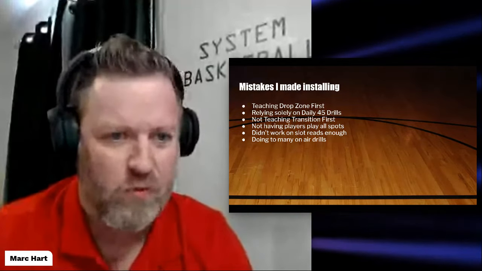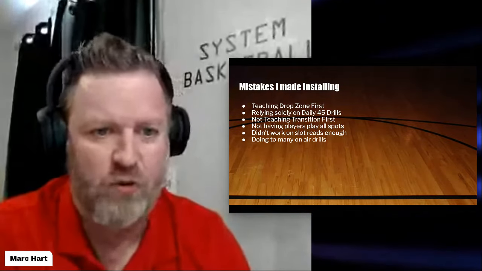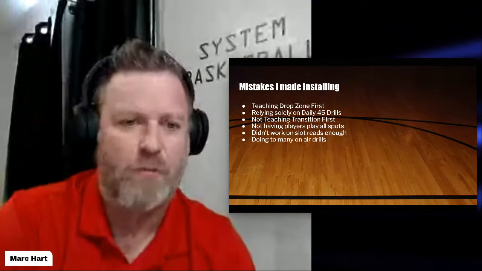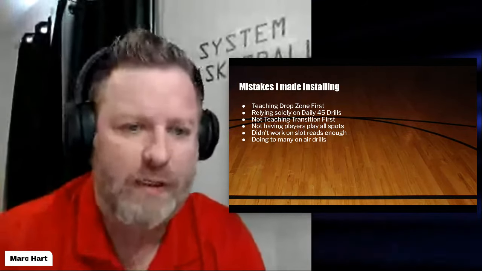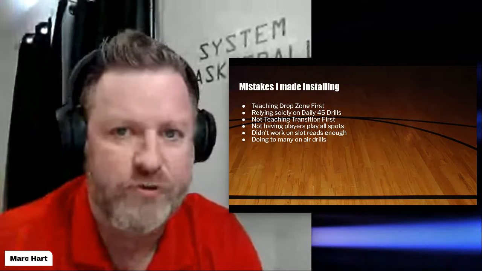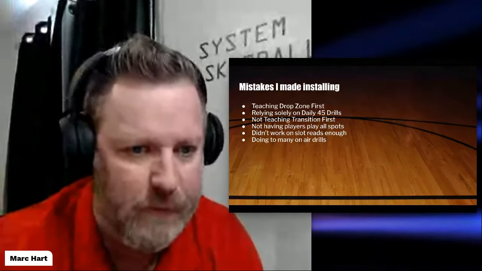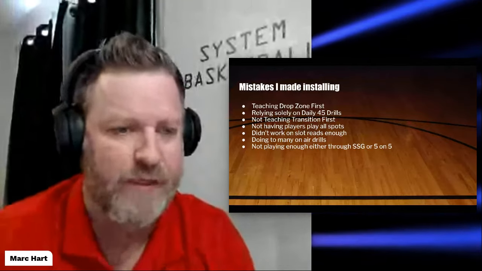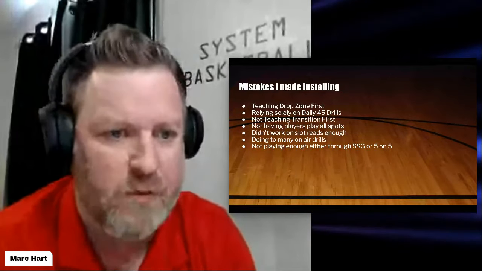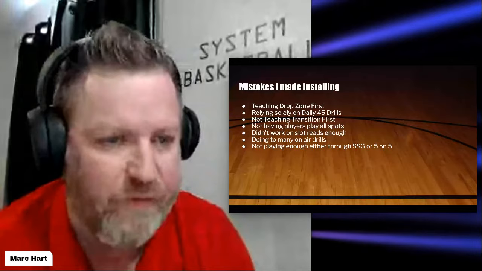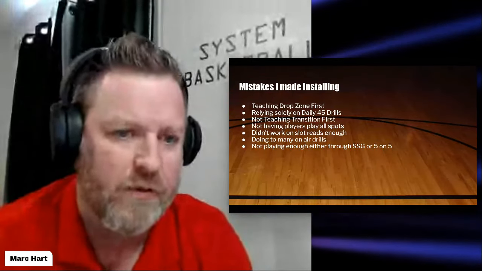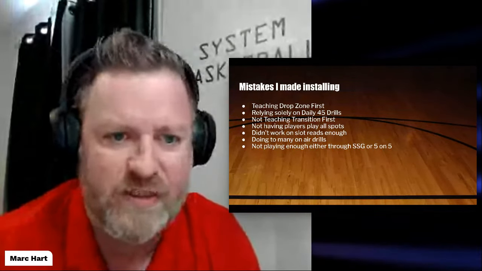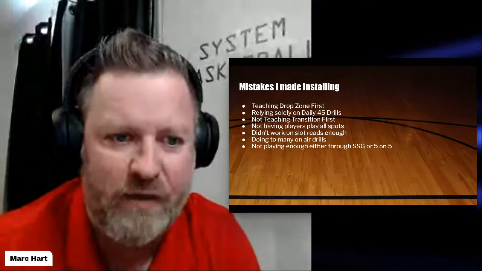We weren't playing 1-on-1. We weren't playing 2-on-2. I didn't know about the small-sided games that are so popular now. So I was doing way too many on-air drills, and like I just mentioned, was not playing small-sided games and 5-on-5. So those are some of the mistakes I've made with the dribble drive.